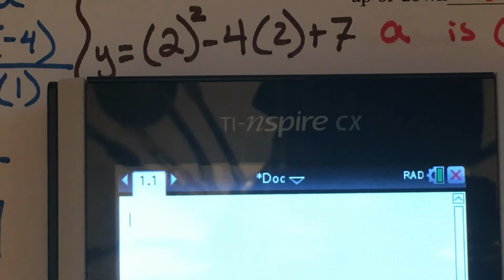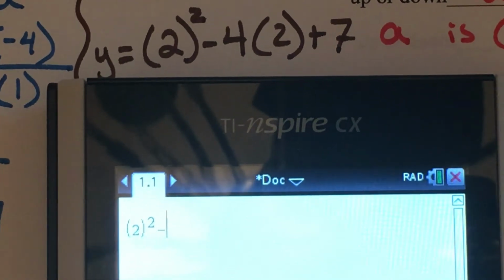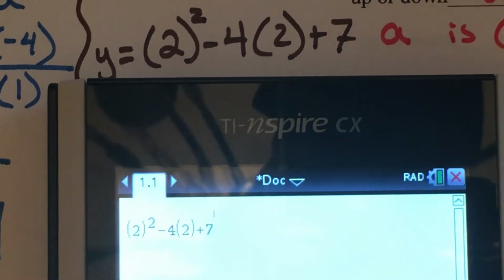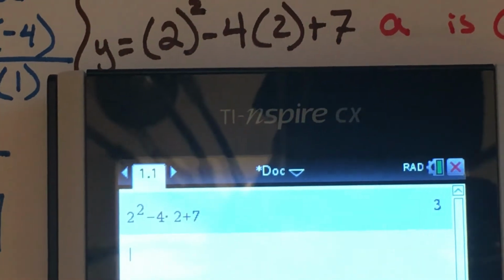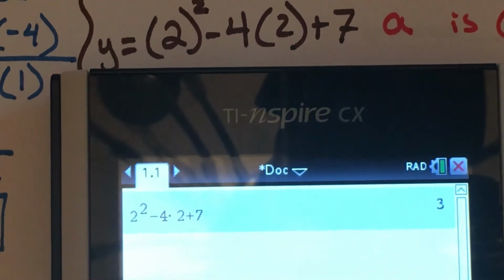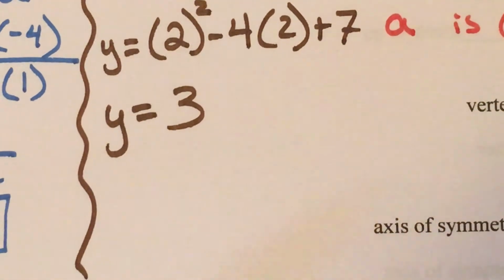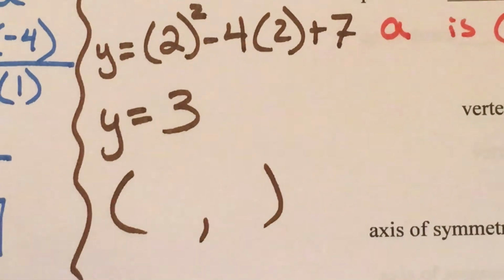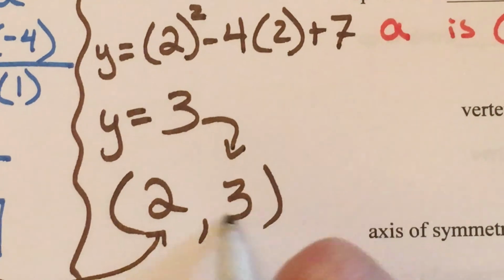Let's type this in. 2 squared minus 4 times 2 plus 7. Did you get 3? If you did, good job typing that in correctly. So that tells us now our vertex is the point 2, 3.